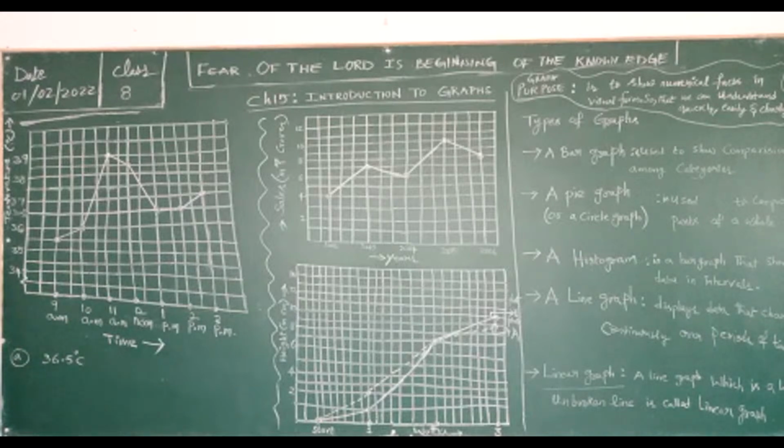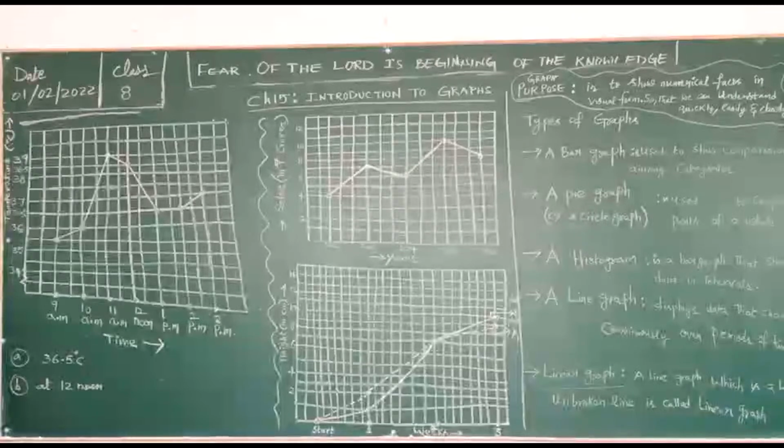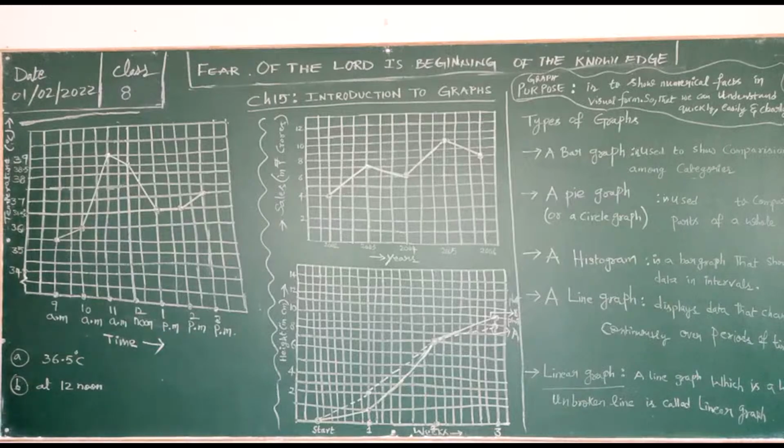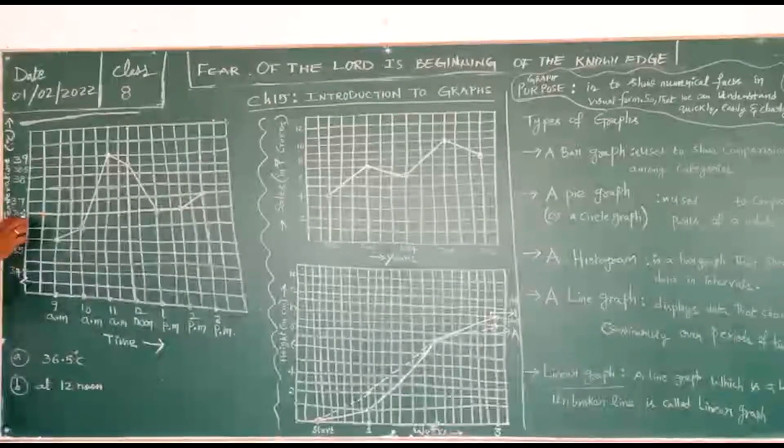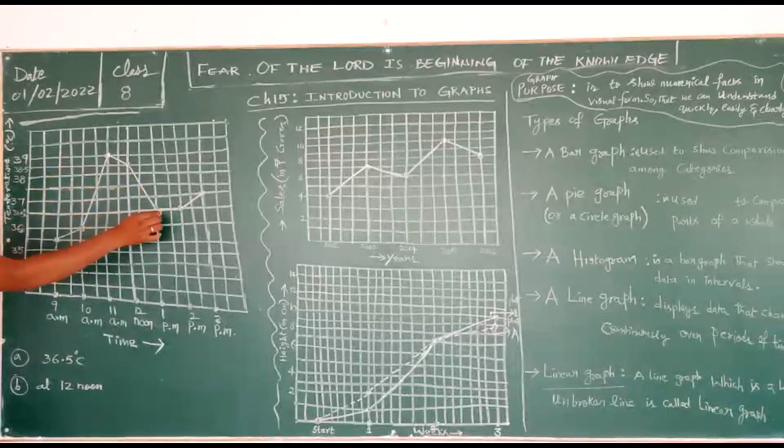Okay, so now, during the period given, at what two times is the patient's temperature the same? Let's check here. At 1 p.m. his temperature is 36.5, and at 2 p.m. also his temperature is 36.5 degrees Celsius. So by observing this graph you understand that these two are the same.